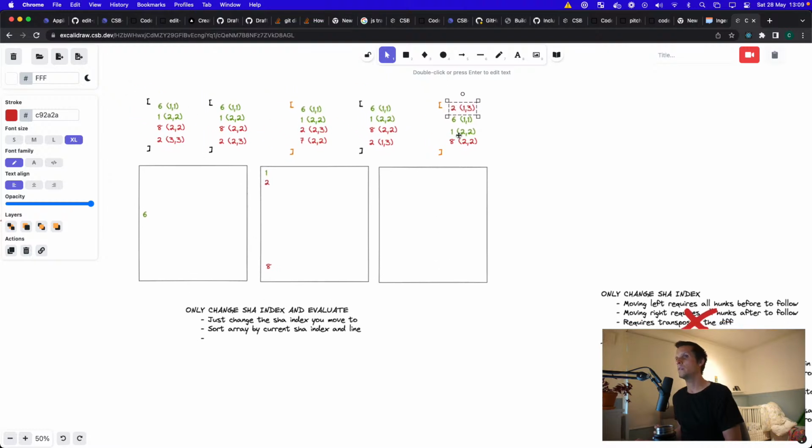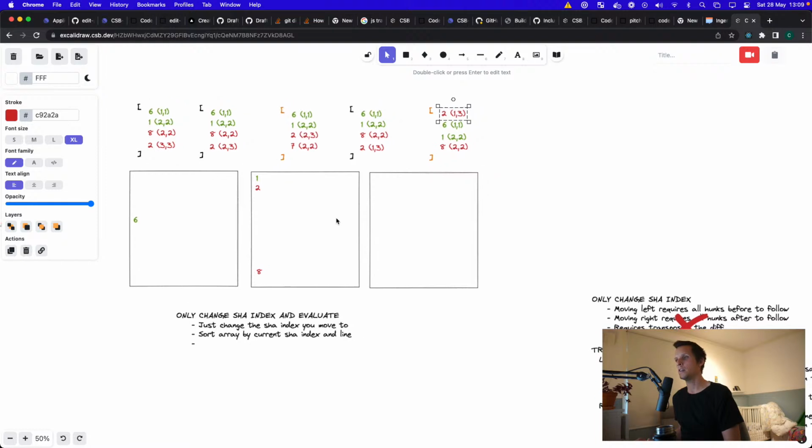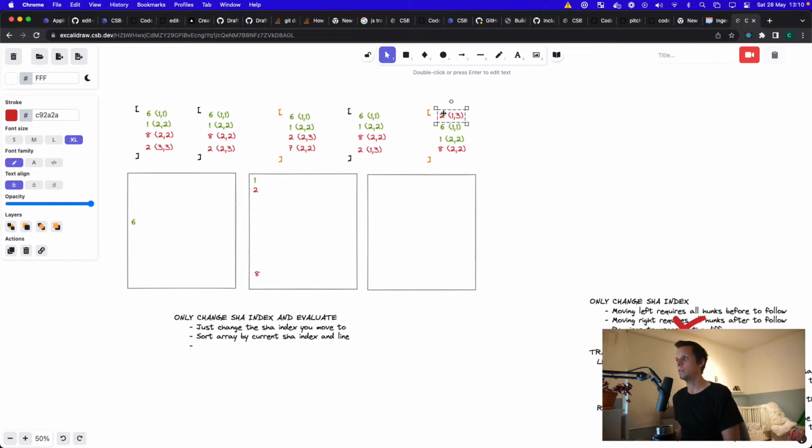So now the tricky thing is identifying the scenario we had before. So this should actually be on line 1 now. How would we actually identify that? By going through the array. That's where I'm getting unsure.